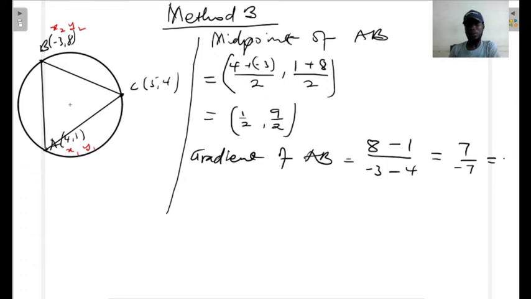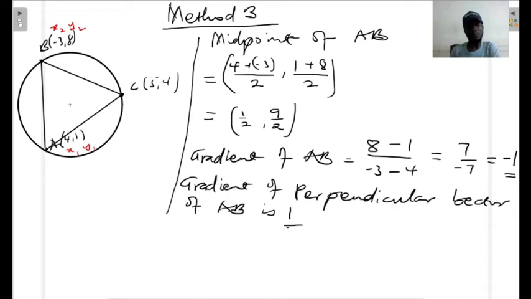So that will give us -1. If the gradient of this line is -1, then the negative reciprocal of this will be 1. So the gradient of the perpendicular bisector, which we are looking for, will be 1. Good, because this is the negative reciprocal of this, or this times this will give us -1.